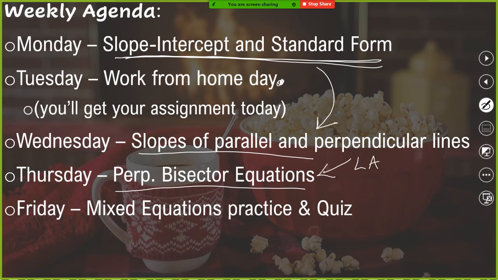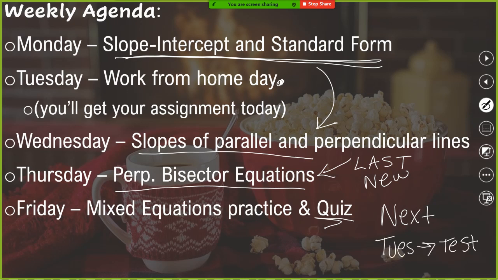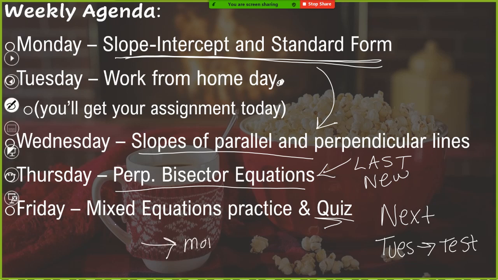This will be the last new topic before the test. Friday is going to be some mixed equations practice and a quiz, and then a preview. Next Tuesday is when your test is going to be. The Monday that we come back is going to be the review day, and then the Tuesday will be your test day. So you know what's coming up.